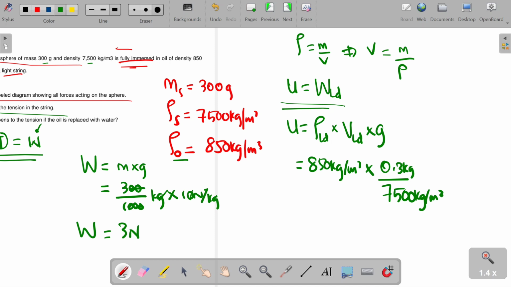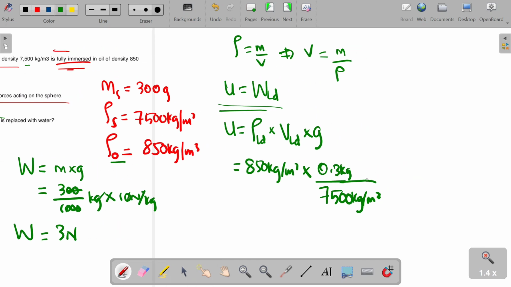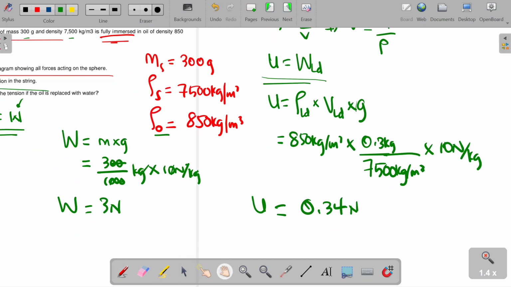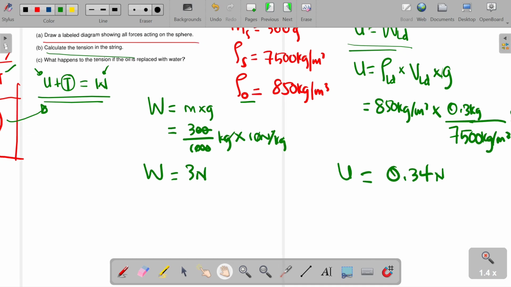This will give us the volume of the object, which will be equal to the volume of the liquid displaced because it was fully immersed. From there we multiply again by gravitational field strength, which is 10 newtons per kg. Once you work it out, you'll find that the upthrust is equal to 0.34 newtons. You can check that with your calculators.